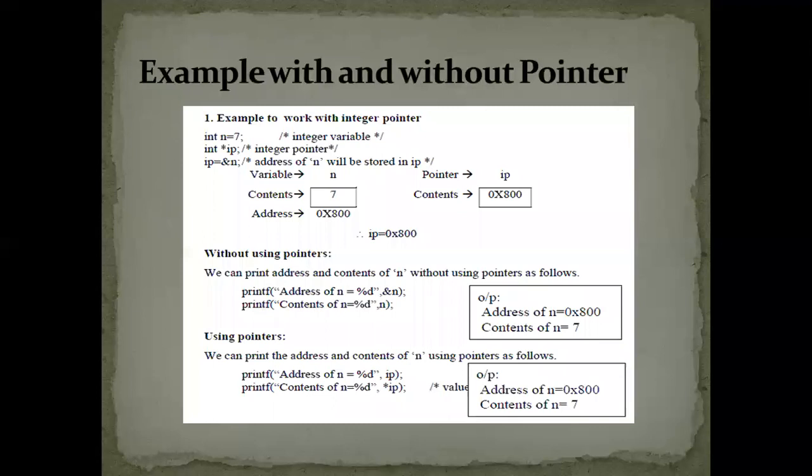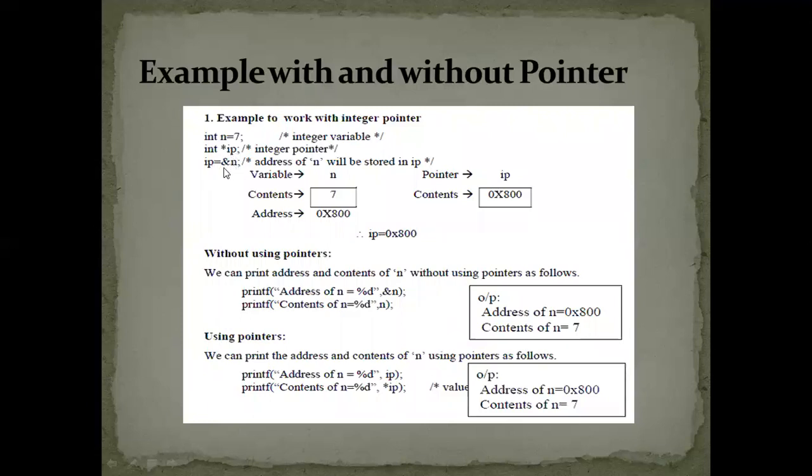We'll see one simple example, with and without the pointer concept. This is int n equal to 7. This is a normal declaration and initialization of an integer variable. Then int star IP, this is an integer pointer. Star IP means integer pointer.